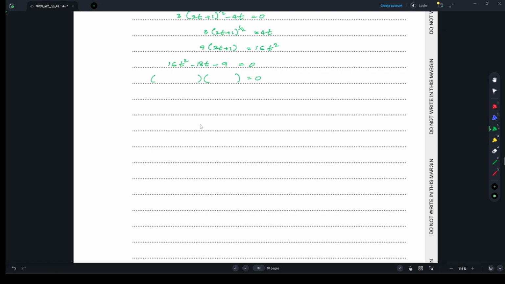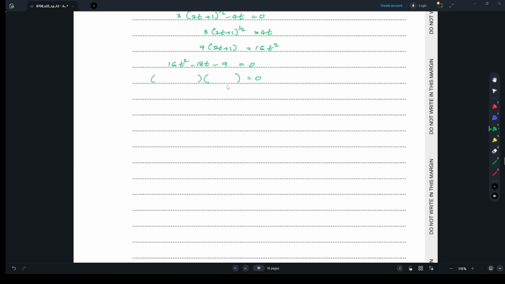Here, the multiplication of two constant values should be 9. So 9 we can have 1 times 9 or 3 times 3, right?